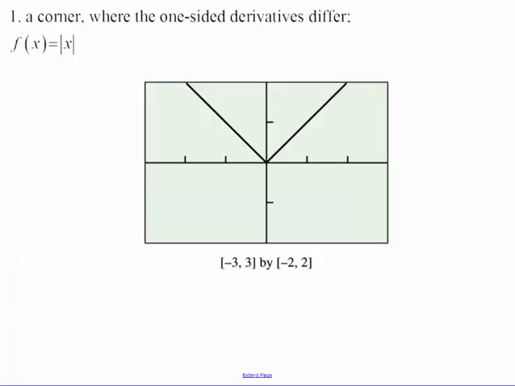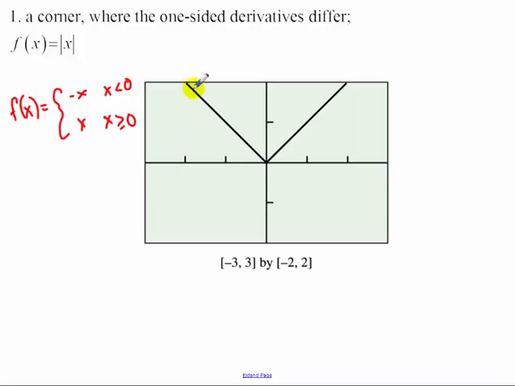So the first one, a corner, is when the one-sided derivatives differ. If you think about the absolute value function, an absolute value function can be written as a piecewise function where we have the line y equals negative x for x less than 0, and the line y equals x for x greater than or equal to 0.